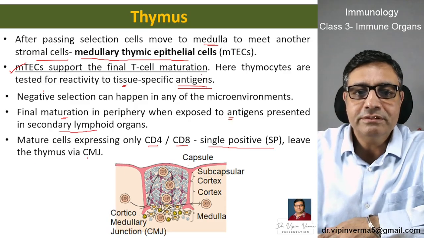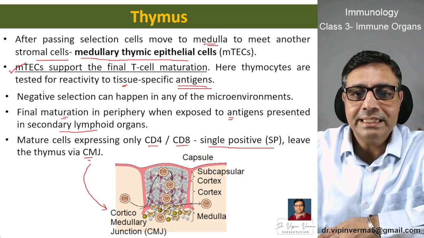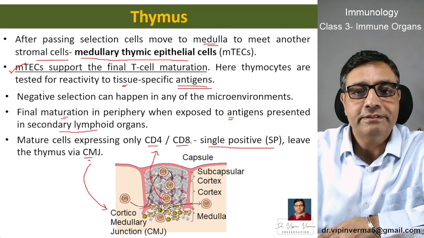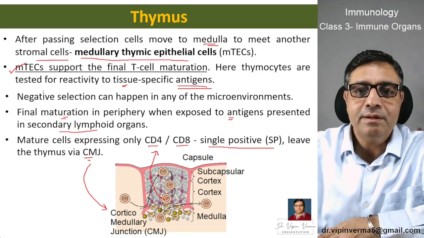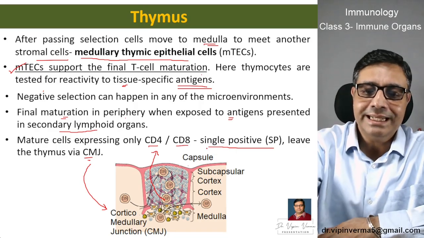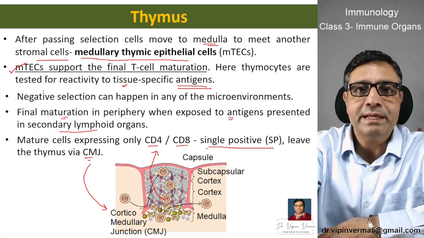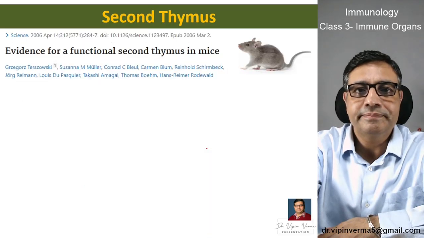They leave the thymus via the corticomedullary junction. So this is the corticomedullary junction, and the cells you can see are the SP cells. These SP cells are either the CD4 positive cells or the CD8 positive cells. So we call them single positive cells, and that's how the maturation of the thymocytes takes place.